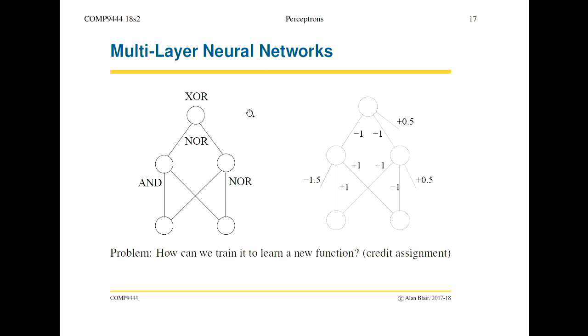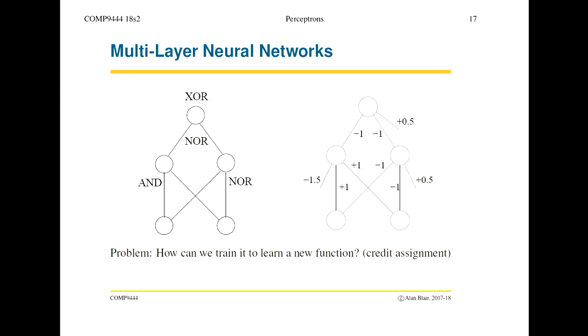Logically, when you combine all this it actually computes XOR, which is what we want. Each of these component functions is linearly separable, so we can draw a line and do the calculation and come up with these weights.